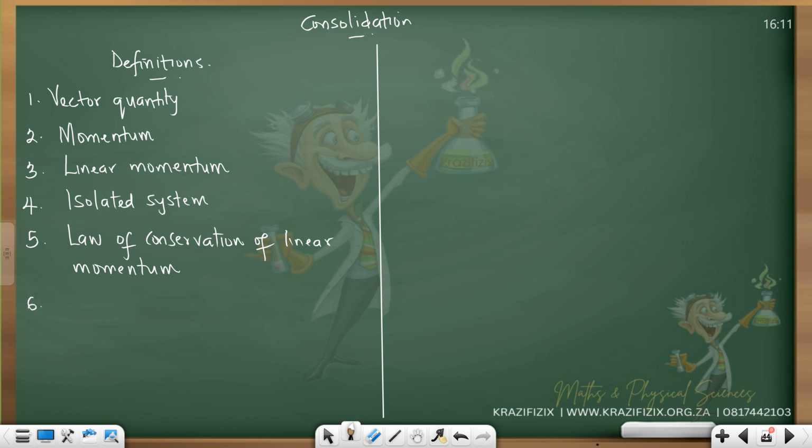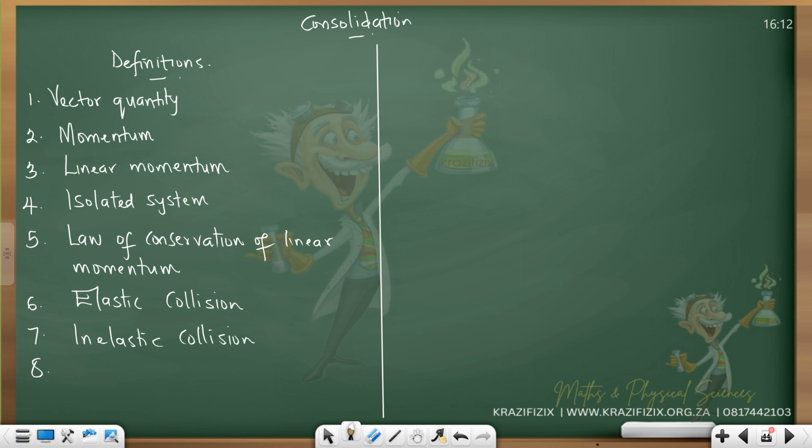Then number 6, we spoke about elastic collision: a collision where both kinetic energy and momentum are conserved. Then we spoke about inelastic collision: momentum is conserved, kinetic energy not conserved.